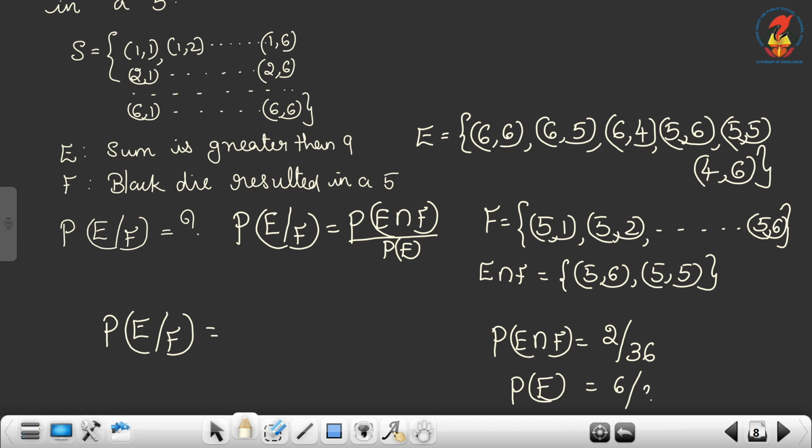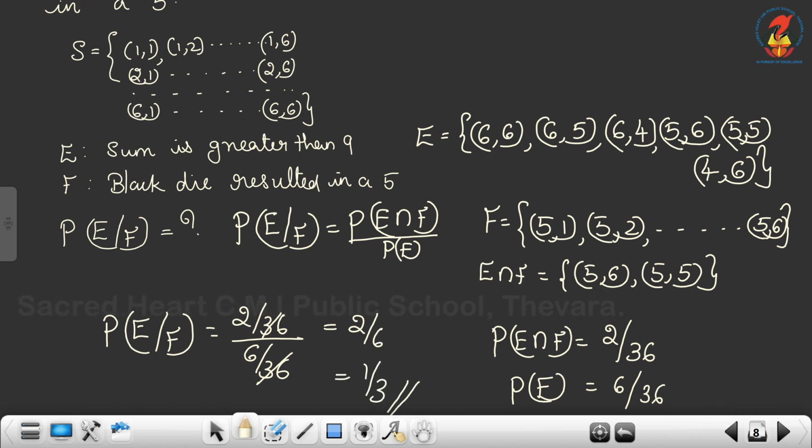So 6 by 36. Okay. So you have to calculate the value. P of E given F is equal to 2 by 36 divided by 6 by 36. 36 and 36 cancel. 2 by 6 is equal to 1 by 3. So in this way you can calculate. Okay.